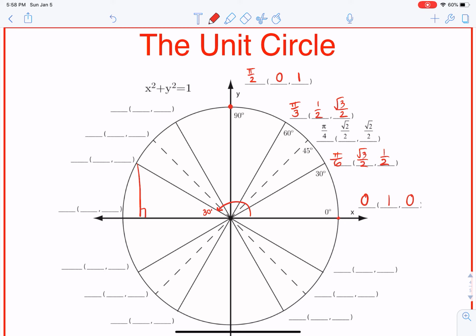And this is going to measure to be 150 degrees if I were to measure starting at the start side of my angle. Here I would get a value of negative square root of 3 over 2 and 1/2 as my coordinate point. This over here is my measure of pi, and I know that I'm at -1, 0.